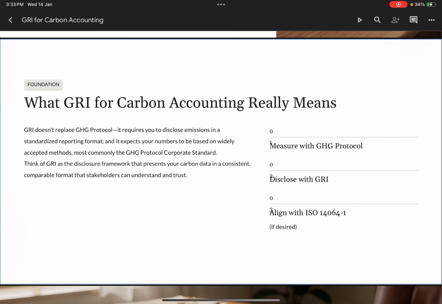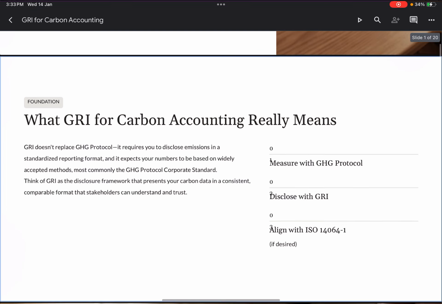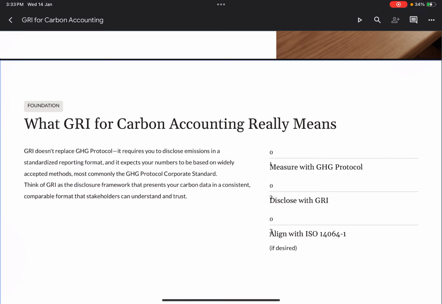Mind well that GRI standards do not replace the GHG protocol. GHG means greenhouse gas protocol. GRI is about disclosing, whereas GHG is about measuring. So, GRI standards for carbon accounting doesn't replace GHG protocol.